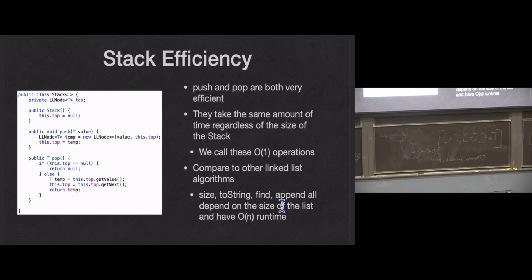But all these things, they're all O of n. O of n means it depends on the size of the list. If you call toString, size, or append, or find when the element you're looking for isn't in the list, what you have to do is bounce all around memory, visiting every single node in the linked list before you get to the end of that algorithm.